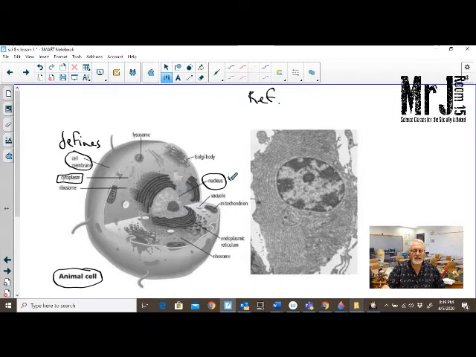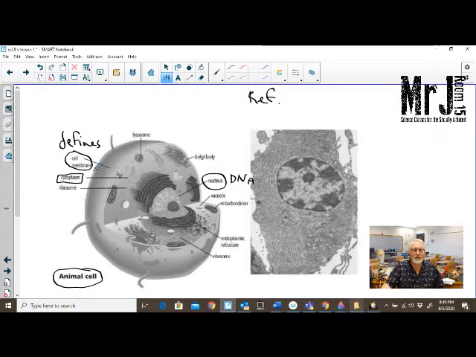The nucleus contains the molecule called DNA, deoxyribonucleic acid. DNA contains information. It contains all of the information needed to make a new cell, to make all the parts of the cell and have the cell function.